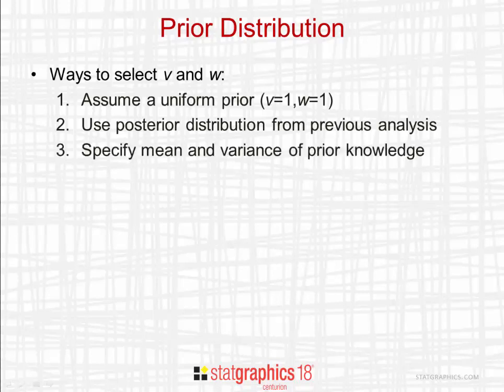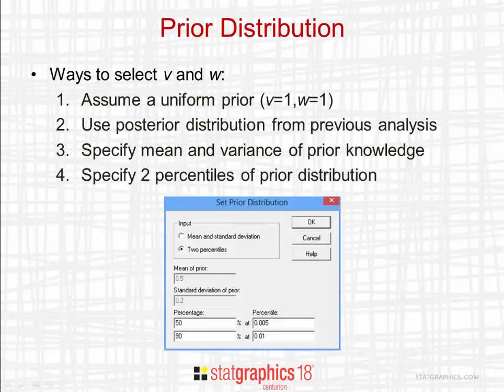We could also specify the mean and variance of our prior knowledge about theta. The values of v and w would then be derived such that the beta distribution has that mean and variance. A fourth and final way to determine the values of v and w is to specify two percentiles of the prior distribution. For example, we might specify the 50th percentile and the 90th percentile.